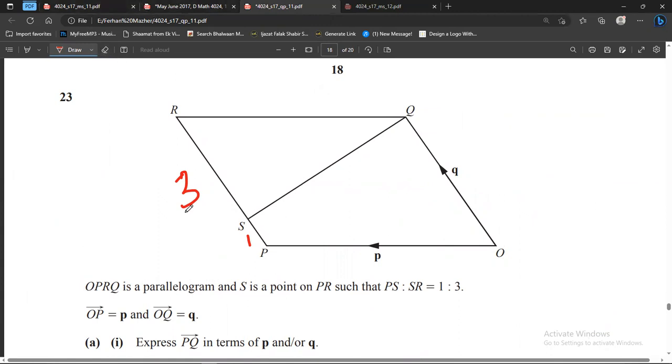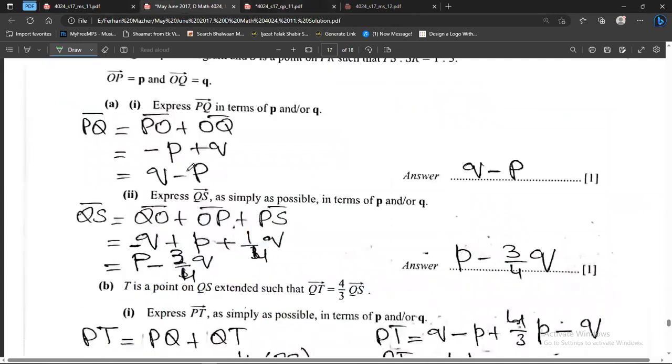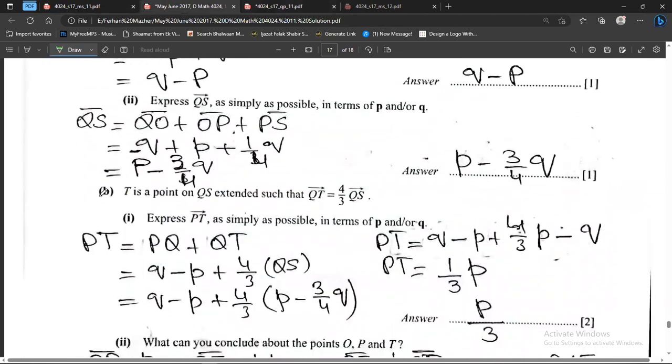And because this is a parallelogram, this side is also Q, and the PS will be 1 by 4 of the Q. So here on your screen, the second part, QS. The bypass is from Q go to O, from O go to P, from P go to S. QO will be minus Q, OP will be plus P, and the PS will be 1 by 4 of the Q.